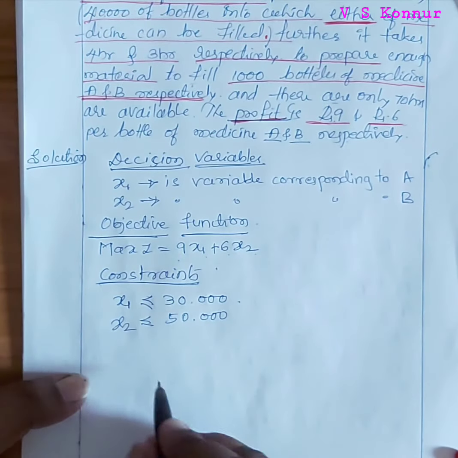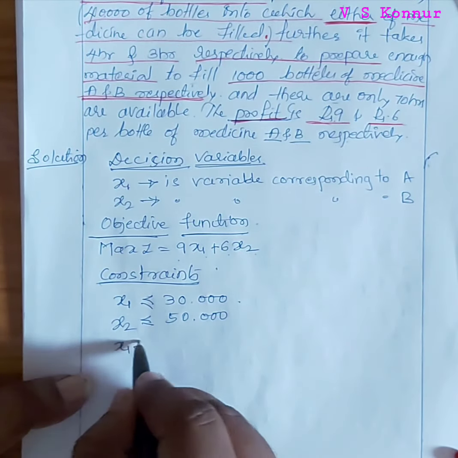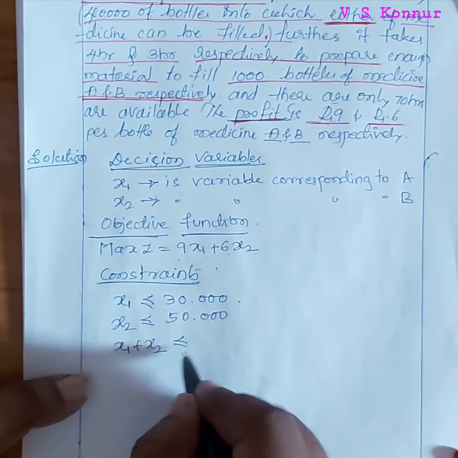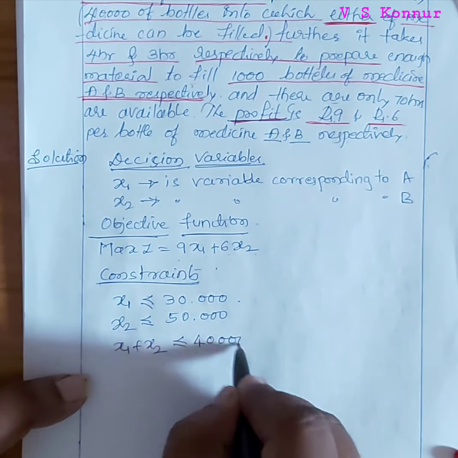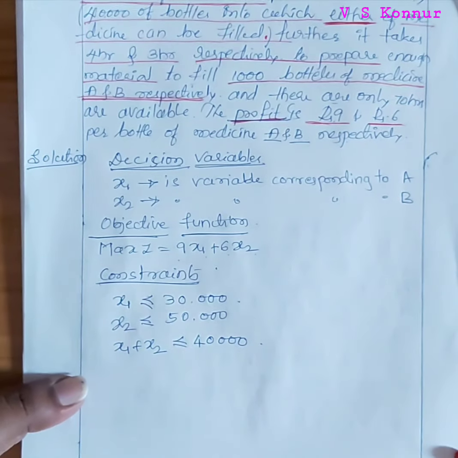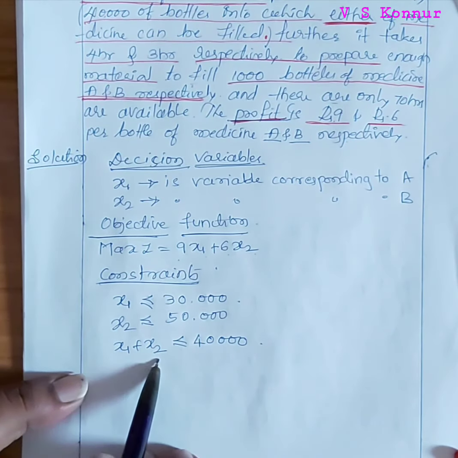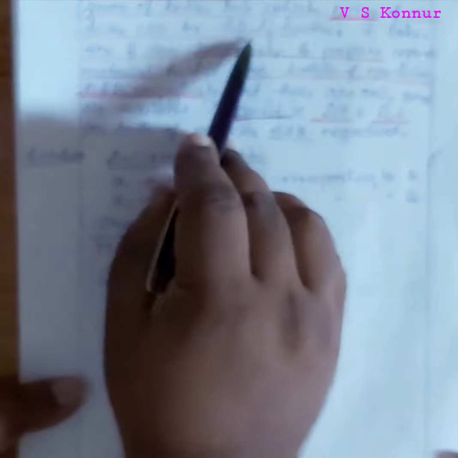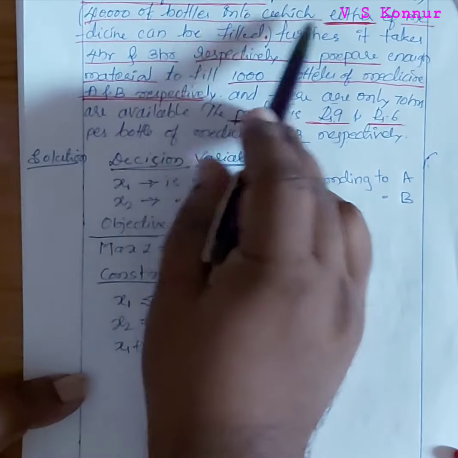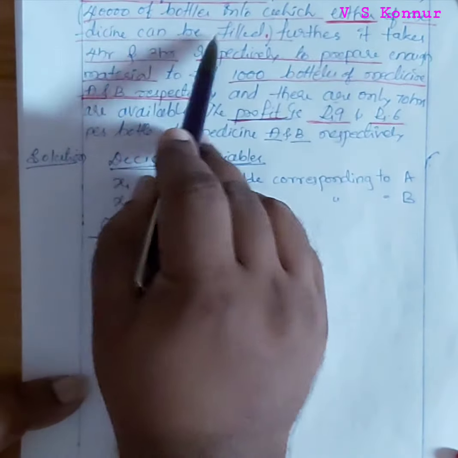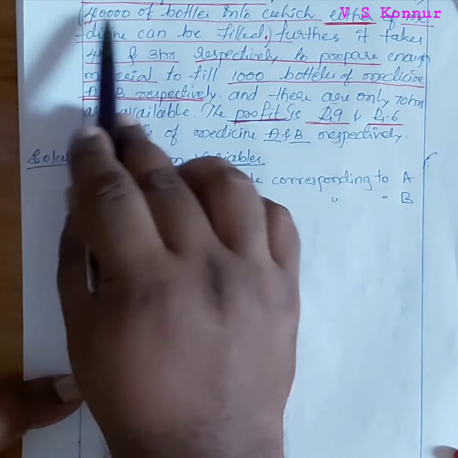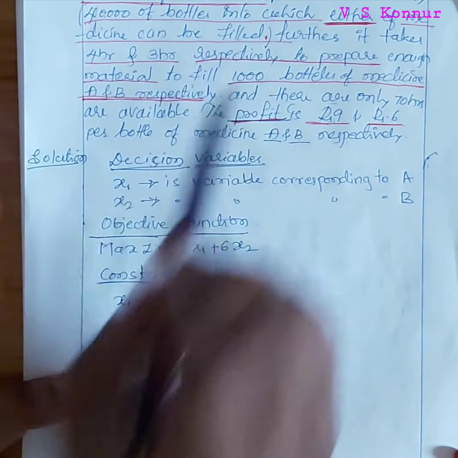That is nothing but X1 plus X2 less than or equal to 40,000. A can be filled, B can be filled, A plus B can be filled. How much? 40,000 bottles with X1 and X2. That is the meaning of this sentence. This makes one constraint.